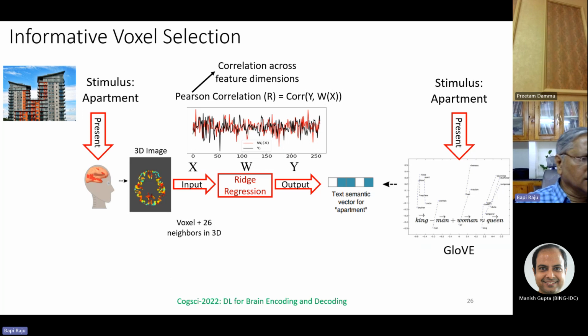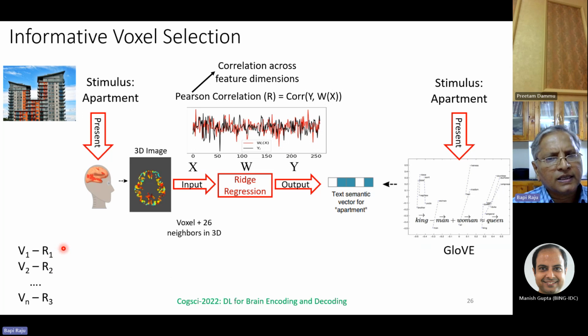One other detail here is that the informative voxels are selected from different regions, those that have predictive capacity for predicting the training concepts from the brain activity.